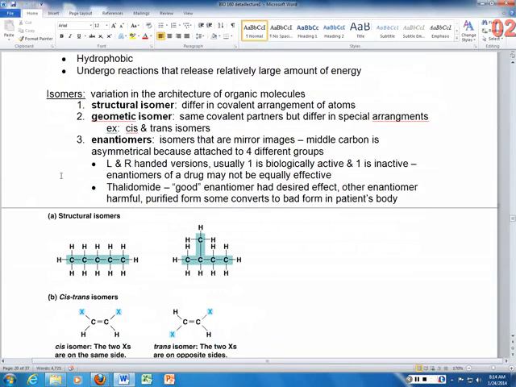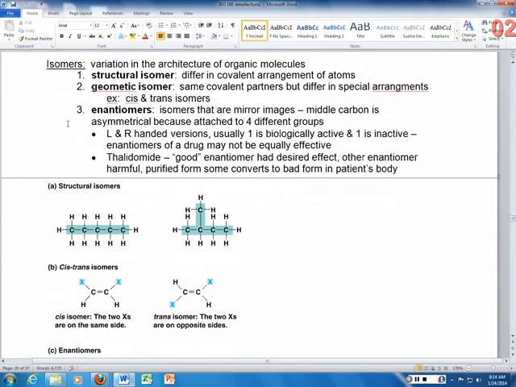Okay. So an isomer just means you have a variation in the architecture of the organic molecules. So if you've got 4 carbons, or in this example here, it gives us 5 carbons, these are structural isomers. You just rearrange the 5 carbons differently. So here it sticks out to the side instead of being in a straight line in there.